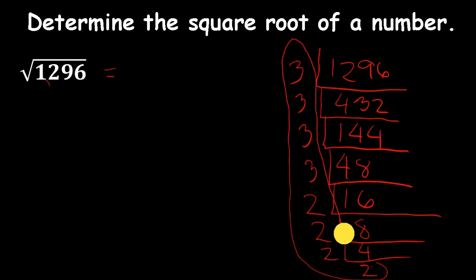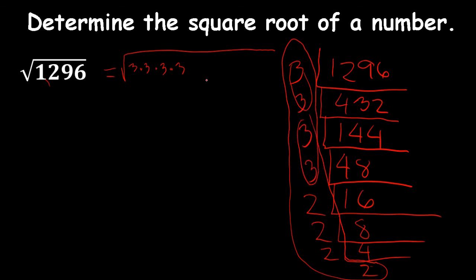Let us bring them into their house. Square it up. 3 times 3, another 3 times 3. Next, 2 times 2, and last pair, 2 times 2.